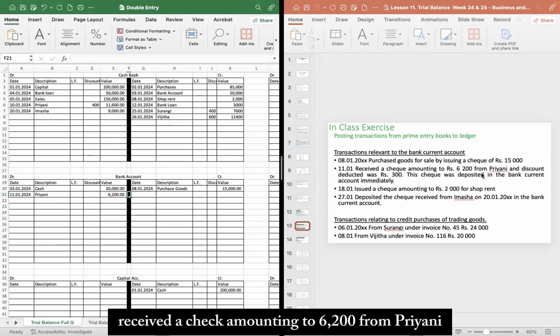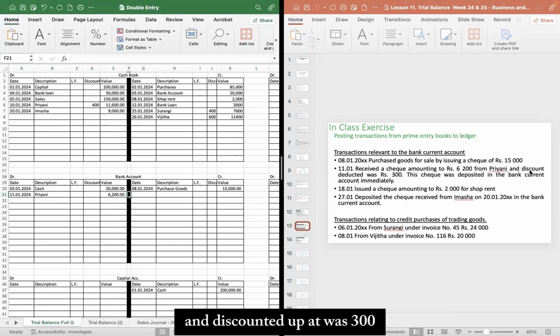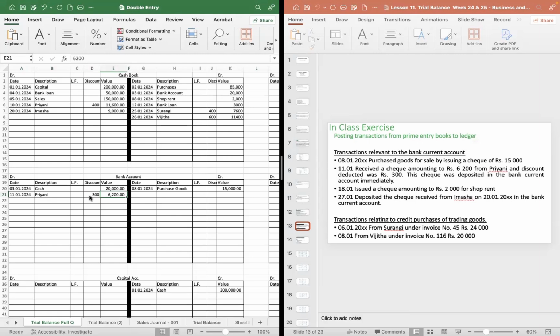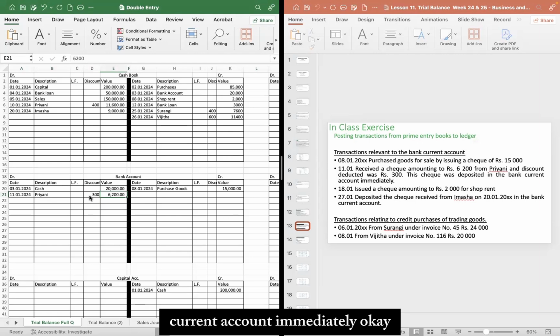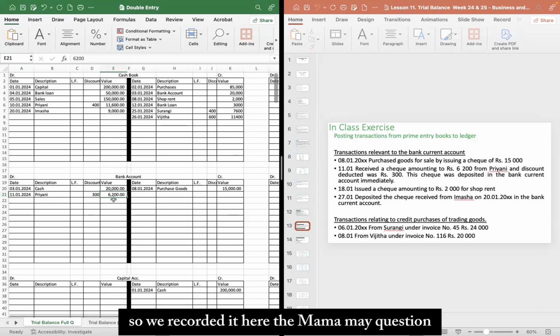Received a check amounting to 6,200 from Priyani, and discount deducted was 300. Right? This check was deposited in the bank current account immediately. Okay. So we recorded it here.